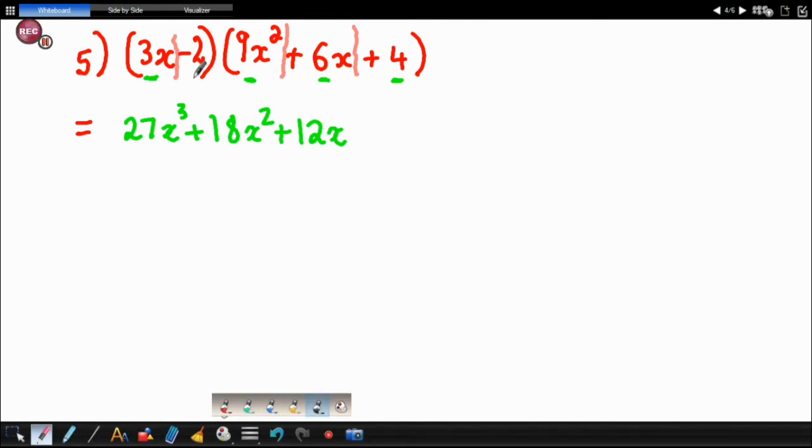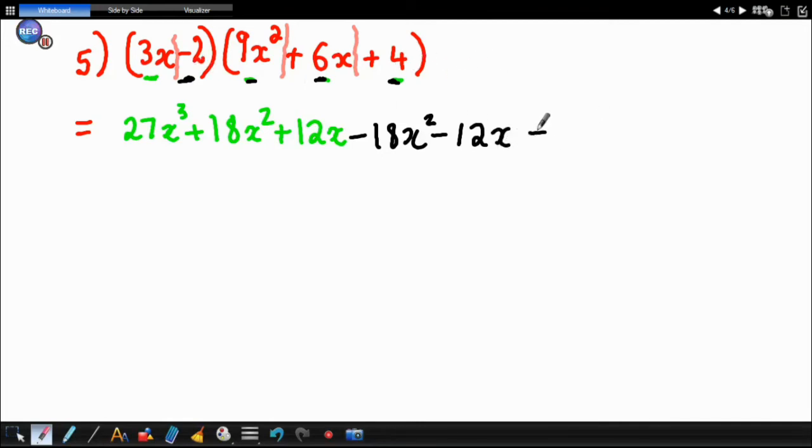Let's use black, where we are going to say -2 times this, and then -2 again times this, and -2 times that. -2 times 9x squared will give you -18x squared. Then we have -2 times 6x, which will give you -12x. Then we have -2 times 4, which will give you -8.